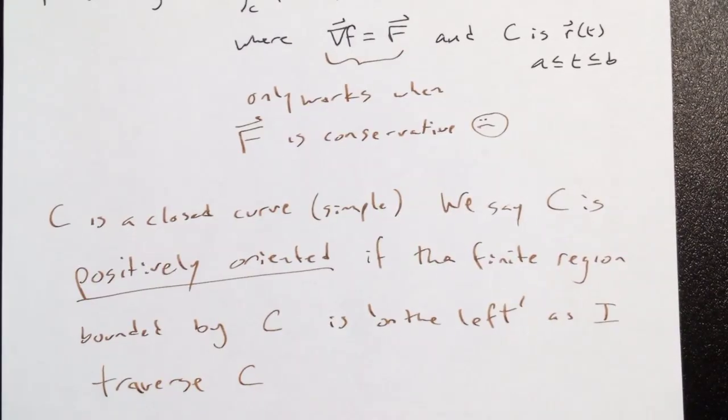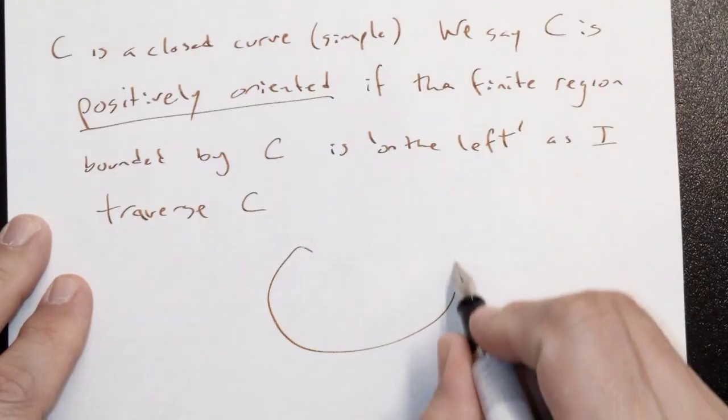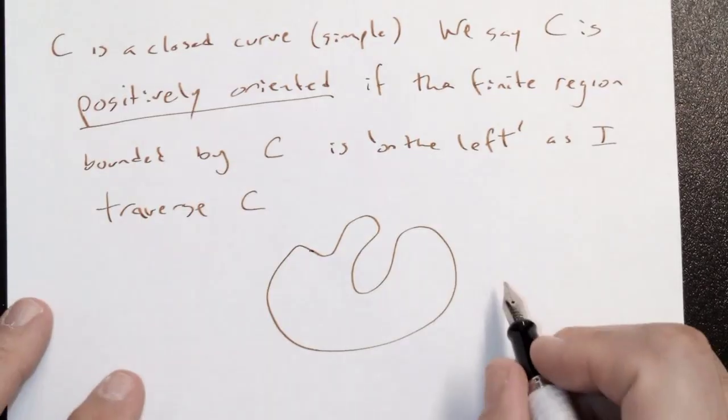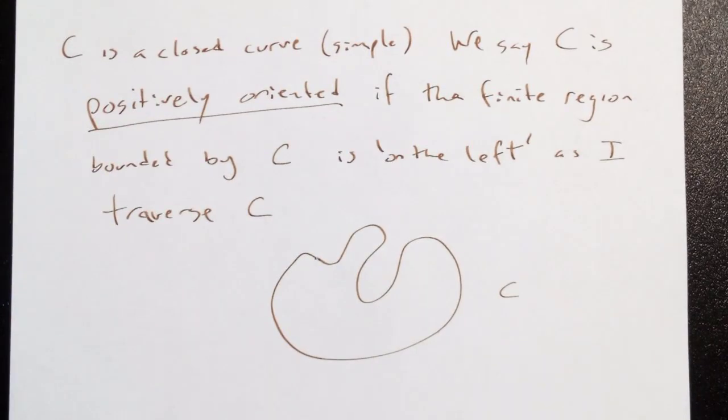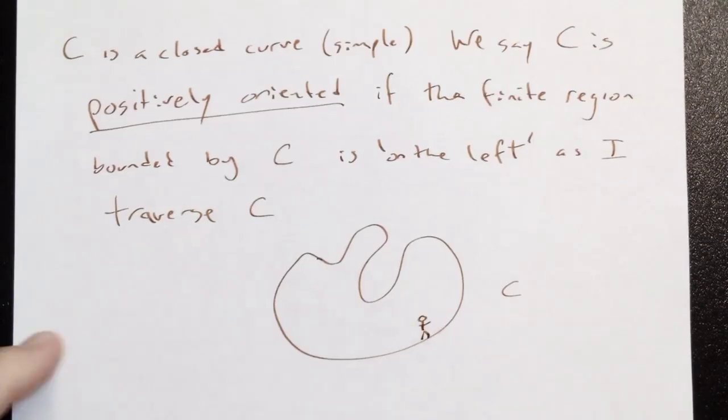All right, wait just a minute here. Here's my curve C. If I am standing on the edge, picture a little person standing on the edge of the curve. Which way are they facing?